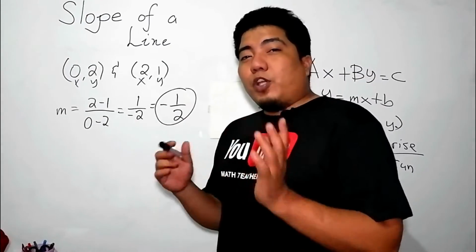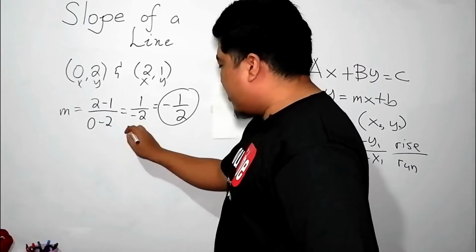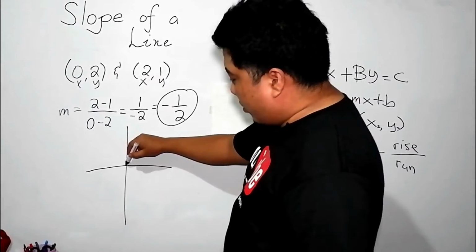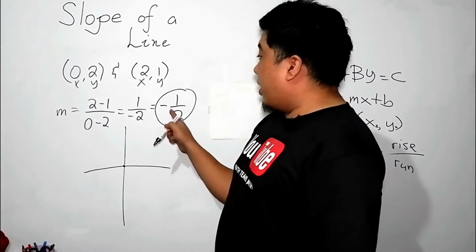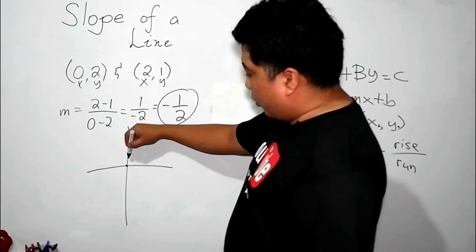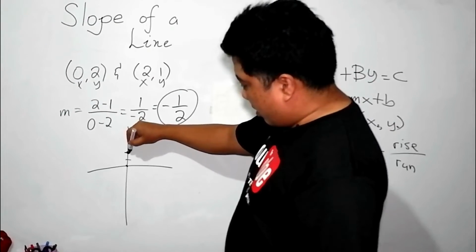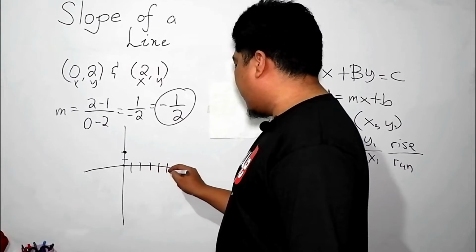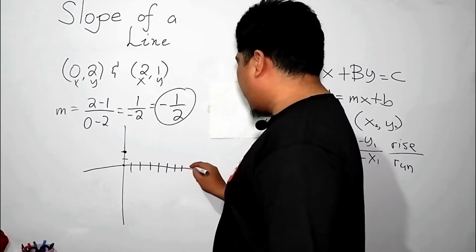So now, for you to understand this slope, this means that if you have a rectangular coordinate system and this is your origin, your first point is 0, 2. That is 0x and then positive 2y. So that is here. Okay. So let's consider there are certain points here. Okay.